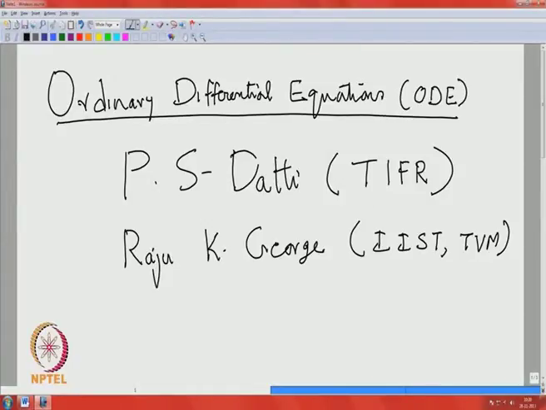In the first lecture, we plan to give an overall view of the entire course, and by the end of this first lecture we will explain the material covered in this course. Before that, we will discuss various issues, some aspects of this course, why we want to do this course, and what the prerequisites required to learn this course are.